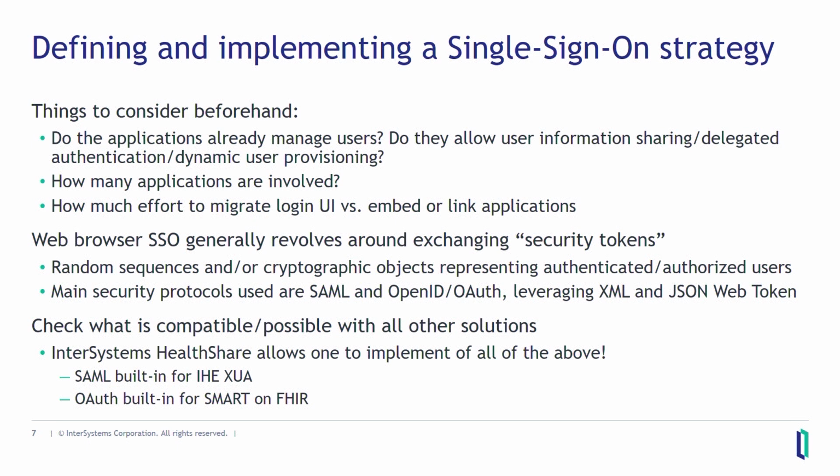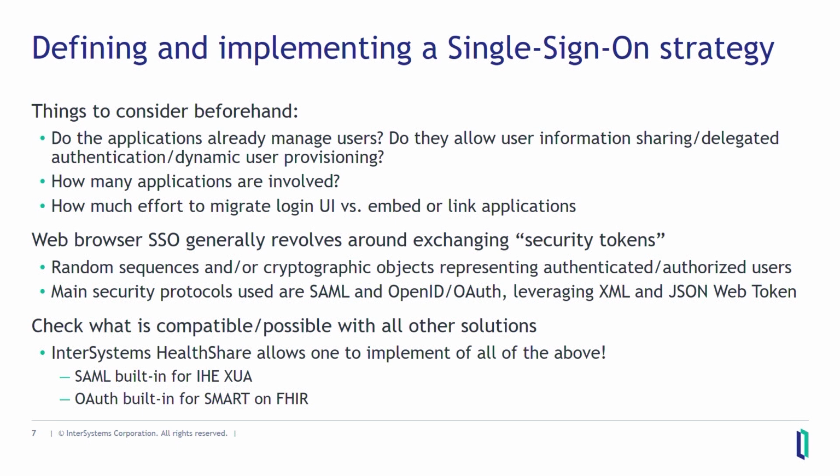Last thing to consider, how much effort this is going to take you as an implementer, as a developer, because maybe these applications already exist and you're going to have to migrate some logins that exist on one end to another. You're going to have to think about embedding applications or just putting links between one another. So this is kind of investigative discovery work that you're going to have to do before even thinking about how you solve the problem.